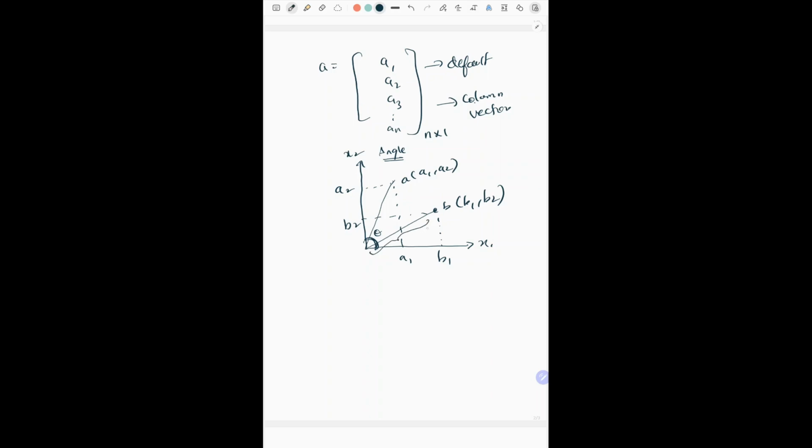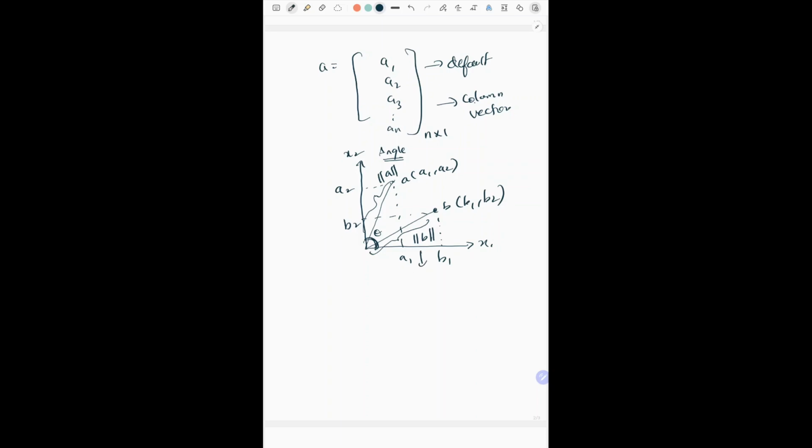The length, the distance of point B from the origin can be represented as norm of B. The double bar is known as the norm representation, and the distance of point A from the origin is norm of A. You have to know this. This is also called the length or distance from the origin of the point.